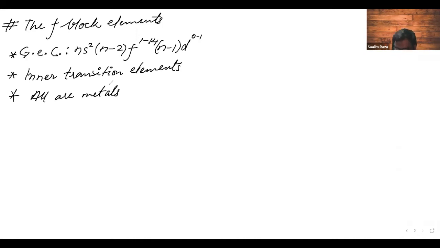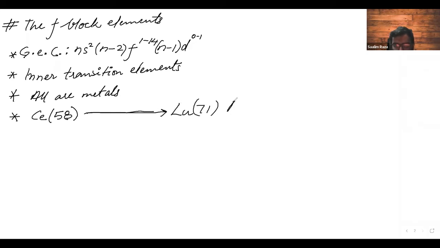And you must know this number from the last class: Ce 58. I remember the shape, I forget the number. There are 2 full circles in Ce, up to 71, that is lutetium, Lu 71.